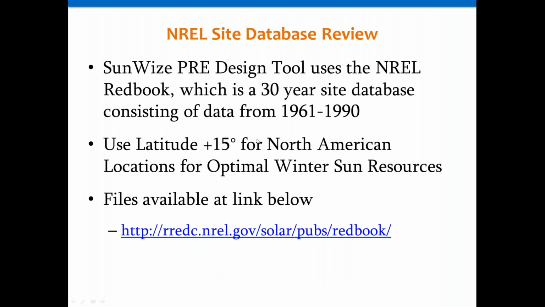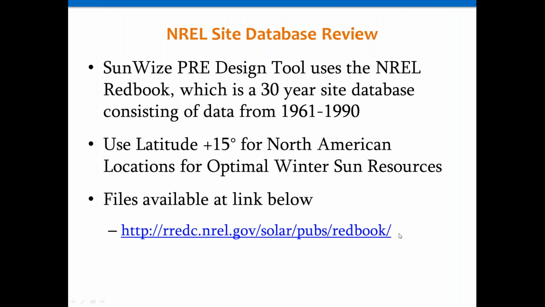For our tool, we have used the NREL Red Book, which is considered an excellent standard for solar resource databases. This database covers a 30-year period between 1961 and 1990, so it's very extensive and thorough. We utilize the latitude plus 15 degree measurement, which I will go over in a second, for North American locations, because this is the most representative option for us to use for North America when designing off-grid solar systems.